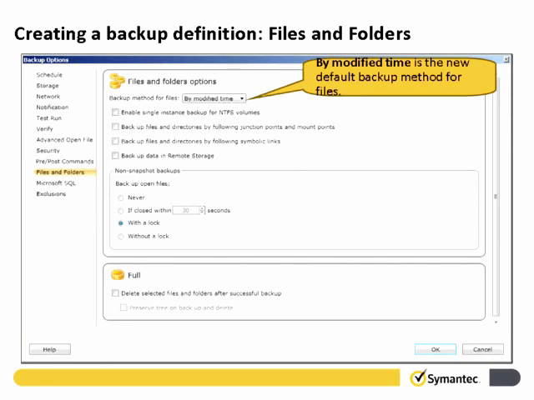For non-DOS based machines, this is Linux and Macintosh, you don't have a change journal and you don't have archive bits. So the way Backup Exec determines what we need to back up on those machines in the case of an incremental or a differential is by modified time.